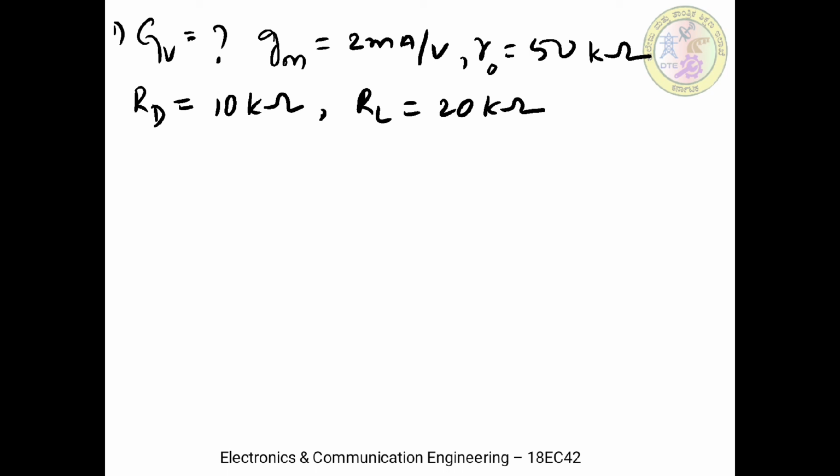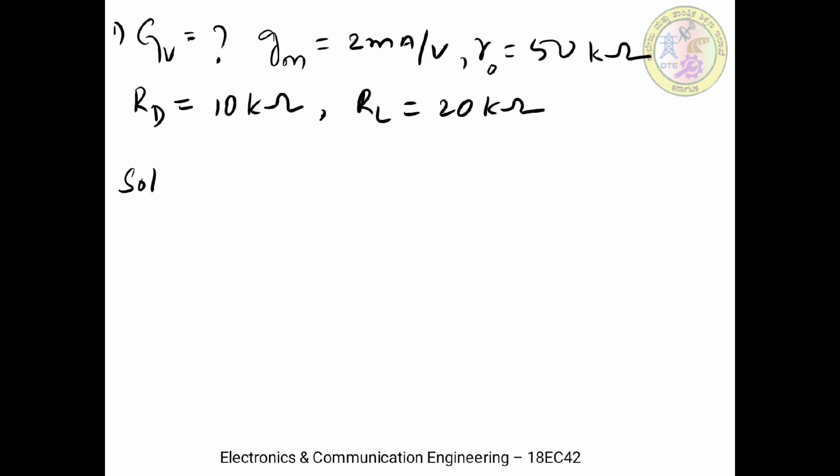Then one condition is given: the amplifier is fed from a signal source whose Thevenin resistance is 0.5 mega ohms. The meaning is that Rin is in terms of mega ohms, so we can consider Rin to be infinite. That is the only meaning of that mega ohm value. Also the amplifier is coupled to a load resistance of 20 kilo ohms, so we can write RL is equal to 20 kilo ohms.